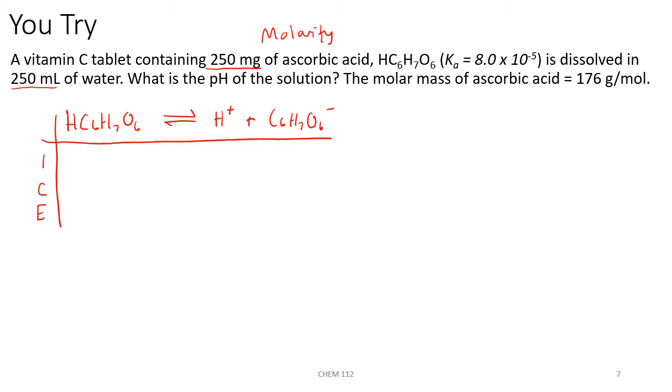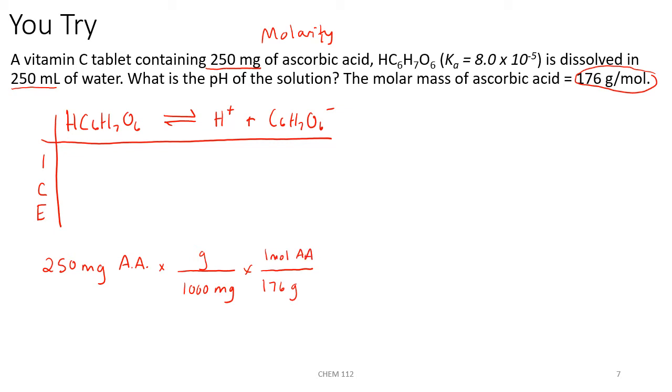So starting with 250 milligrams of ascorbic acid, we'll just call it AA for short, we can convert that to grams. There's 1,000 milligrams in every gram. And then we can use the given molar mass to convert to moles. So 176 grams for every 1 mole of ascorbic acid.